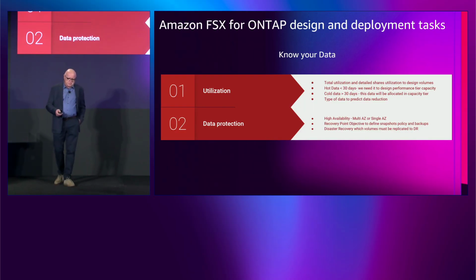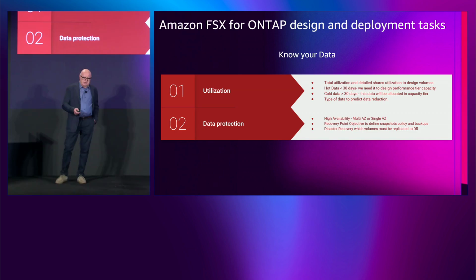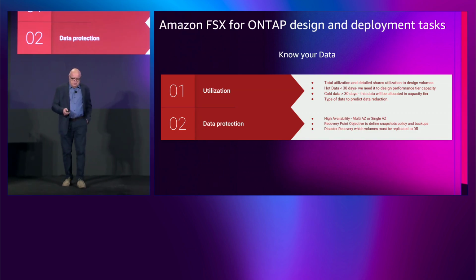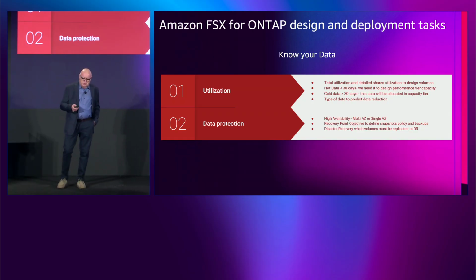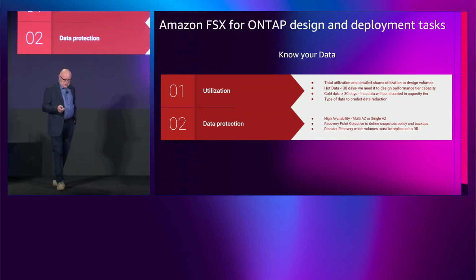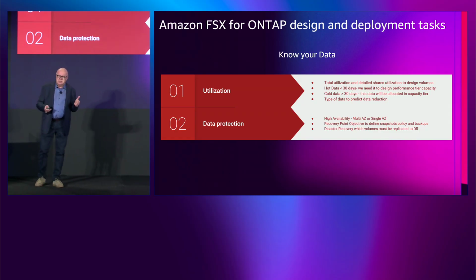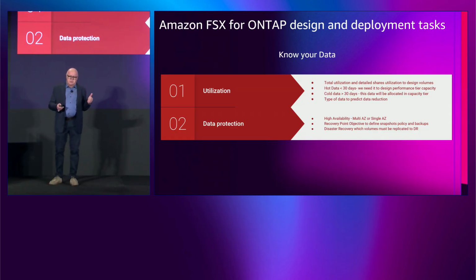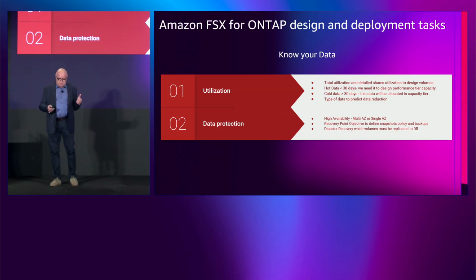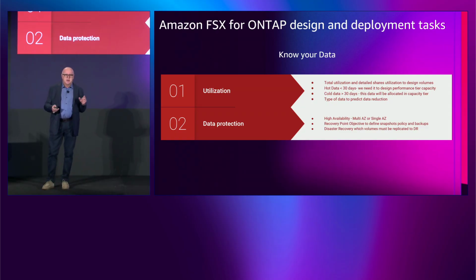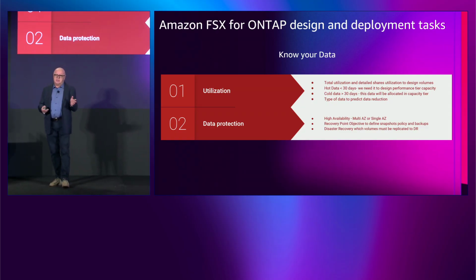So first of all, before we start, what do we have to know? First of all, we have to know our data. We have to know a couple of components. First, we have to know the utilization of each share, to design the volumes. And we also have to know the hot data and cold data.